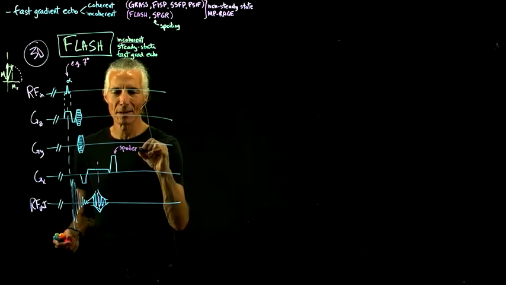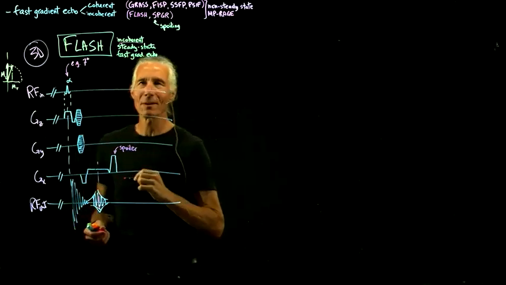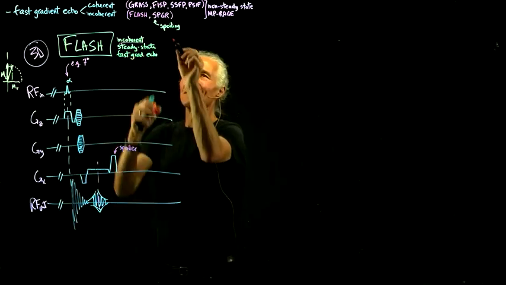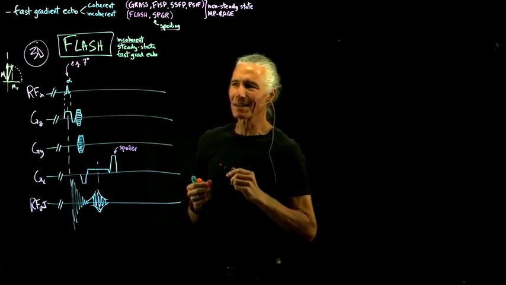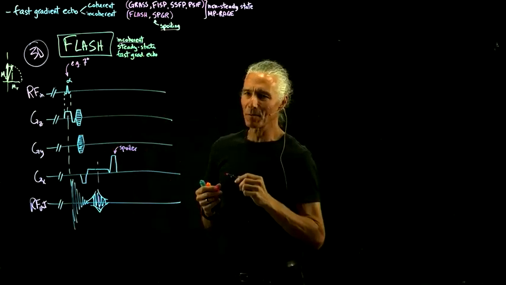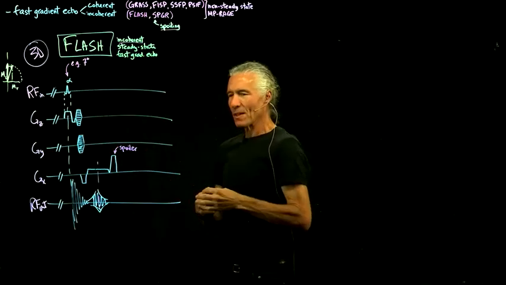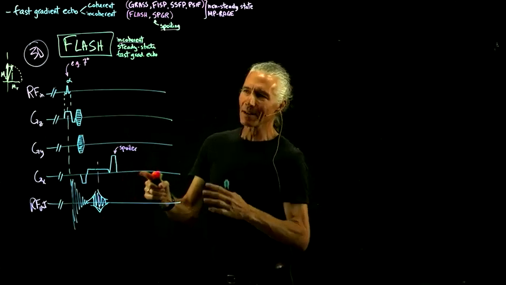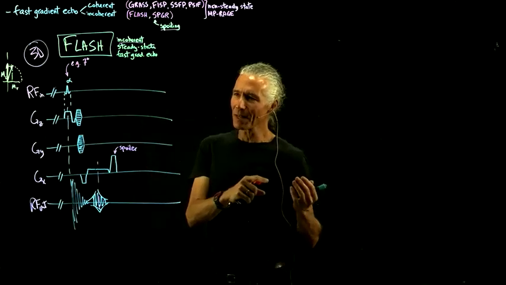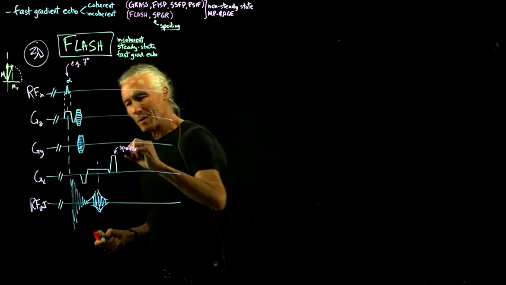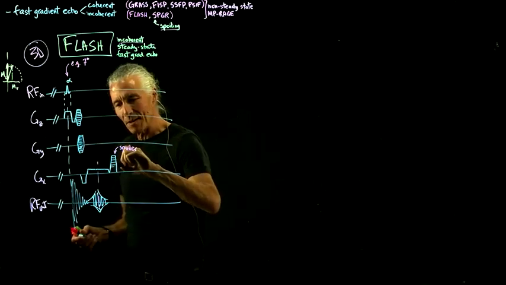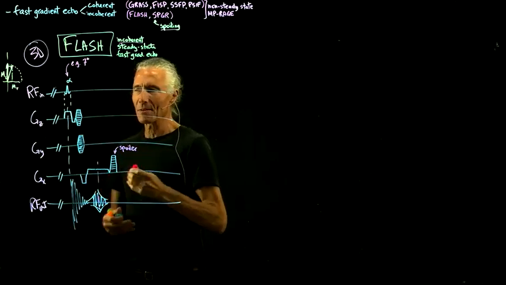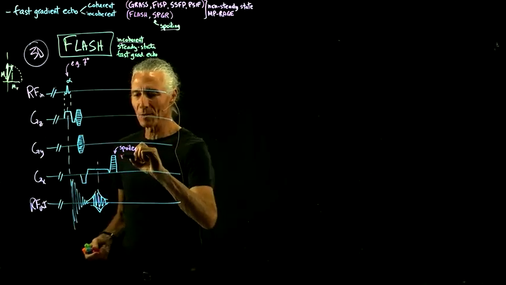What you're doing is you're just trying to spoil the magnetization, just mess up any leftover magnetization. Now, if you just do exactly the same size all the time, then sooner or later you could run into some kind of problems down the line. And so a lot of times what happens is you just pick random. So you could pick a random amplitude.